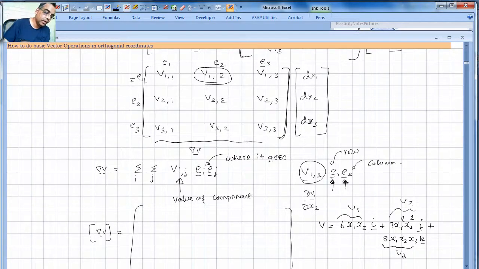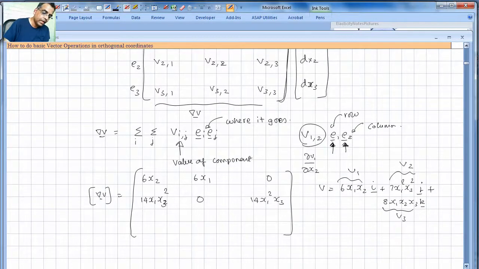If you do this, you get v1,1 is 6x2, v1,2 is 6x1, v1,3 is 0, v2,1 is 14 x1 x3 squared, v2,2 is 0, v2,3 is 14 x1 squared x3, and then the last row will be 8 x2 x3, then 8 x1 x3, then 8 x1 x2.